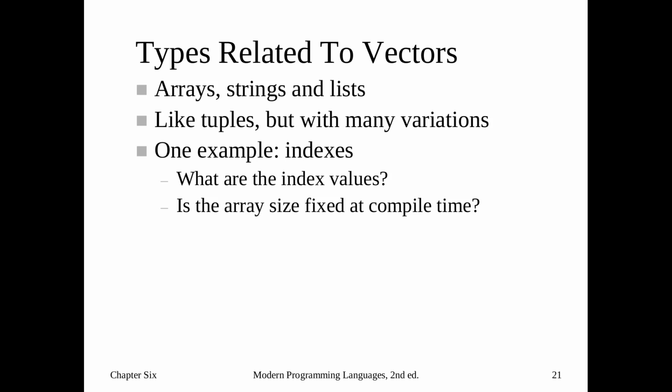So the question becomes, when we look at vectors, how do we index them? What are the index values? Well, they don't have to be numbers. They could be some other data type, like a string. That leads us to talking about hashes and things like that, or dictionaries. Is the array size fixed at compile time? In other words, can we not change it again?